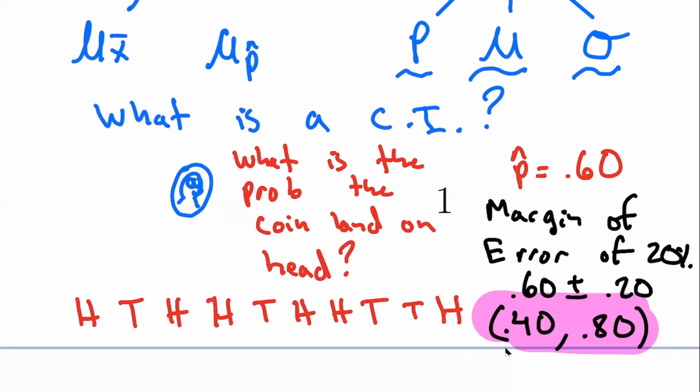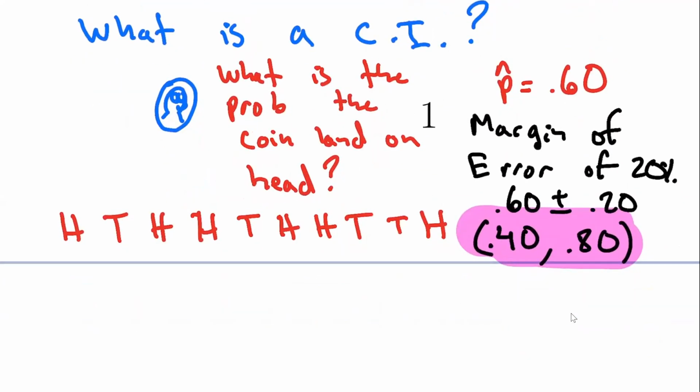This confidence interval tells me it could be anywhere from 0.40 all the way to 0.80. So did it capture the true population proportion of the percentage of time a coin should land on heads? Yes, because 50% falls within this range.